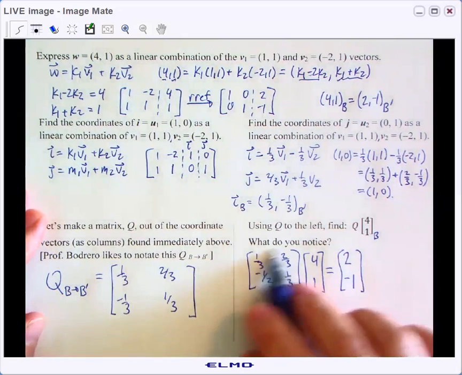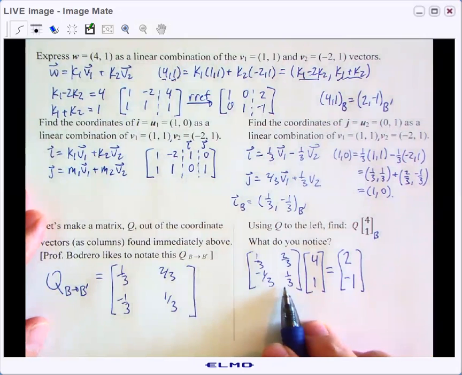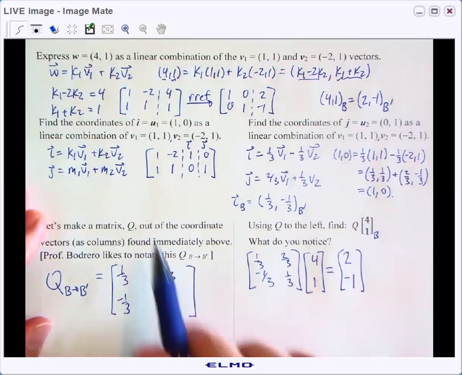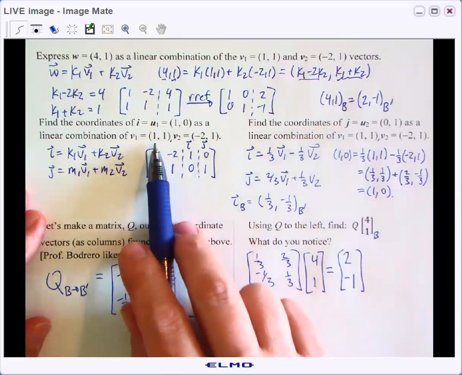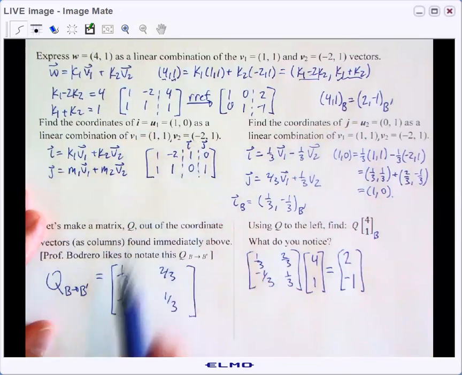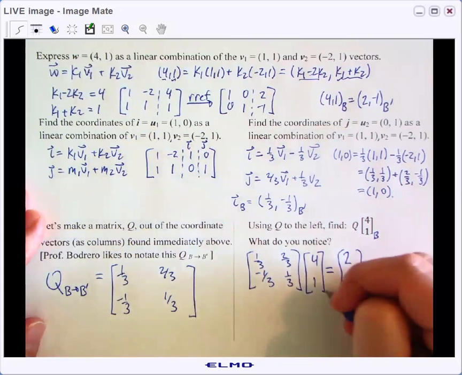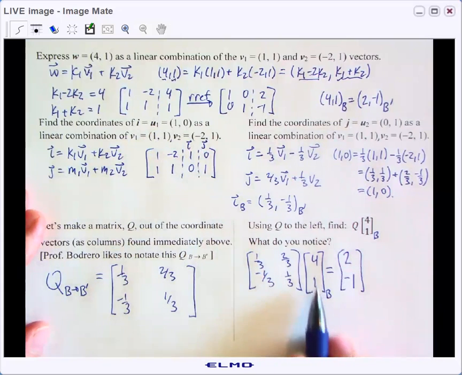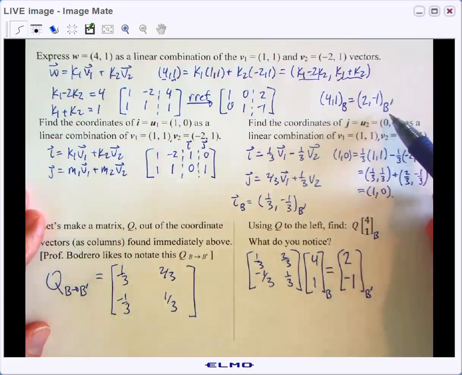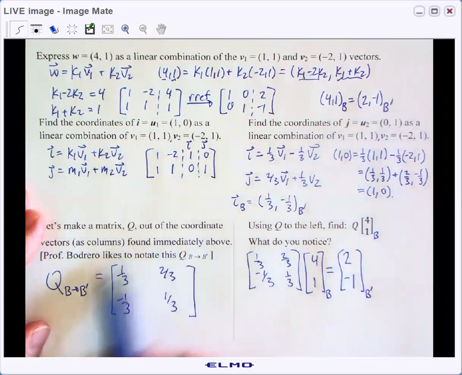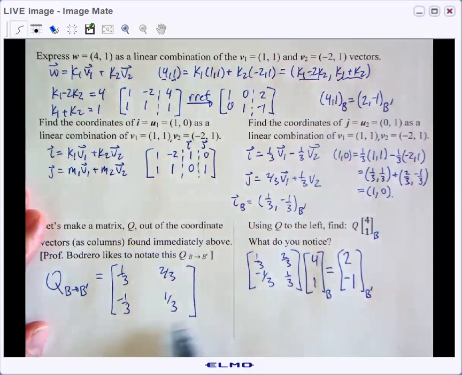And when I multiplied by this special Q matrix that I found, by taking and finding the B basis vectors as linear combinations of the B prime basis vectors, you'll notice that it takes the coordinates from the B basis and gives us back the coordinates in the B prime basis. So this is our change of basis problem. Now that we've done all the algebra, we can see how it all works out together.